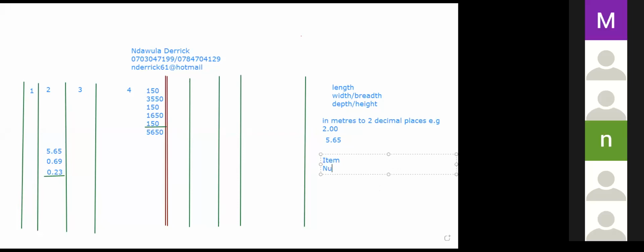Then we have a number. Then we have linear meters. Then we have square meters. Then we have cubic meters. These are the basic five.